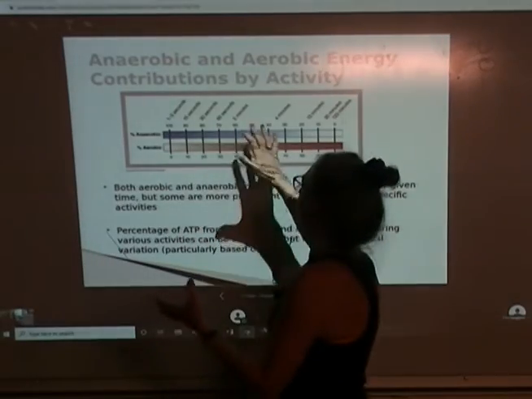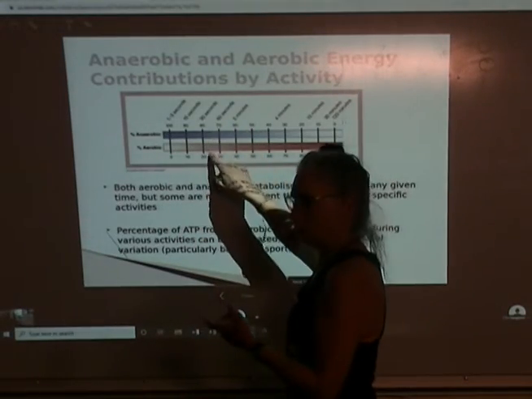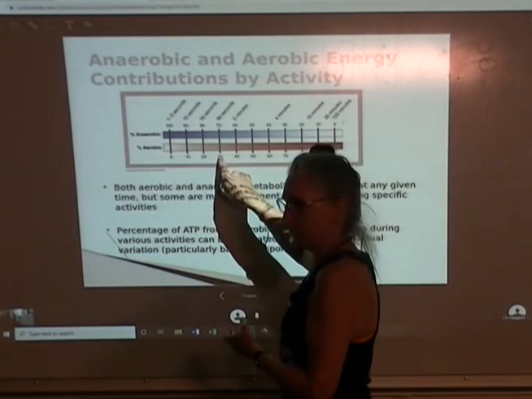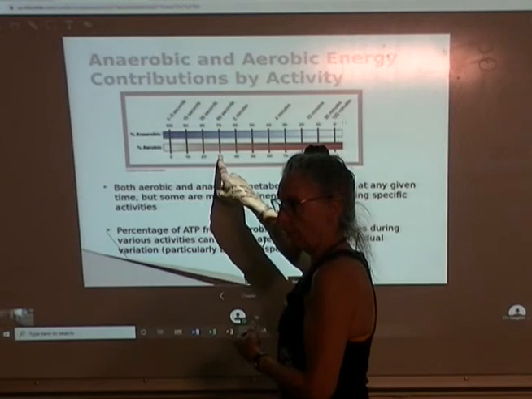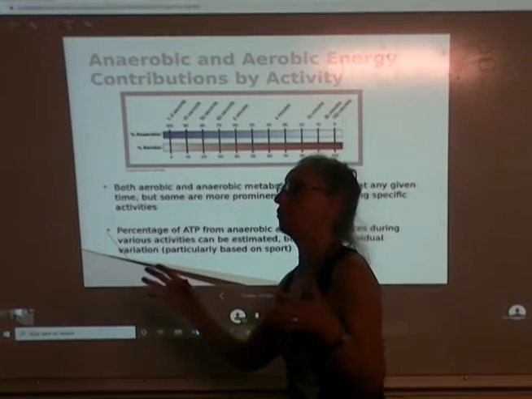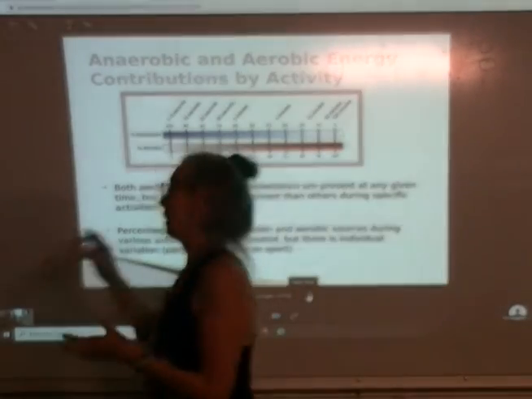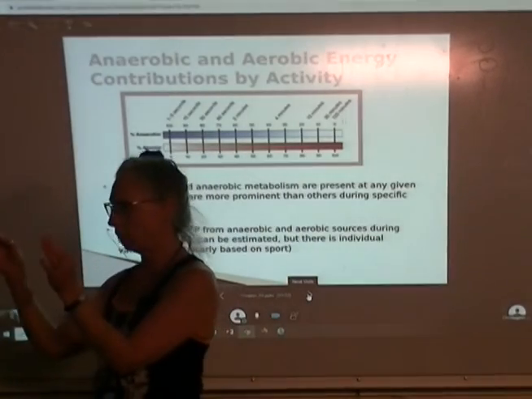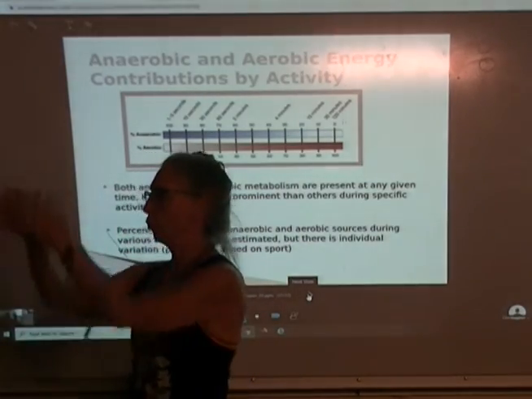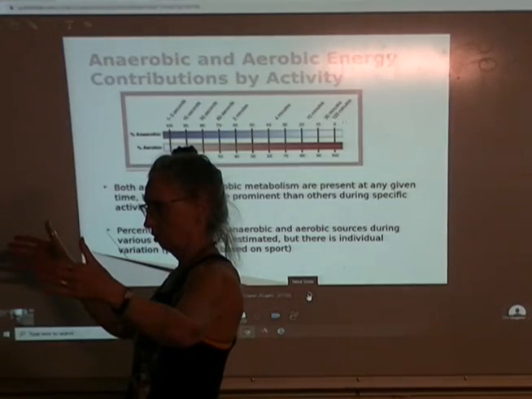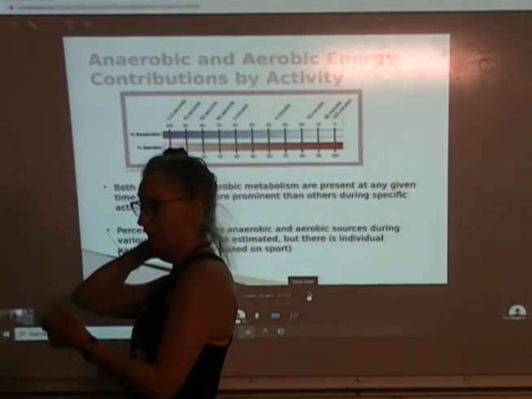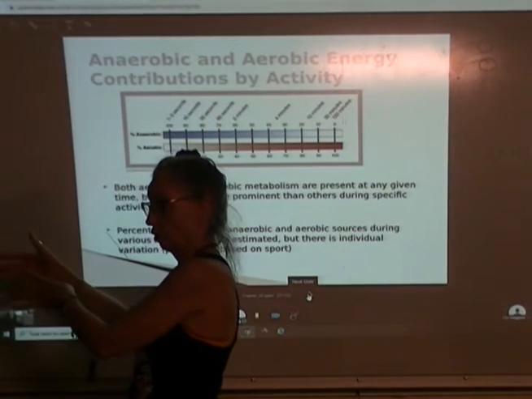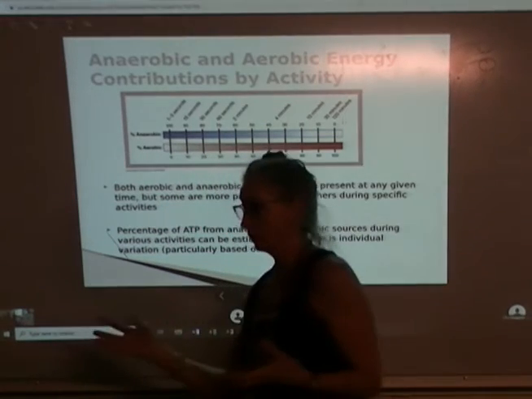So you might have someone at this 1 minute mark who is 80% anaerobic and only 20% aerobic, right? So part of the trick, especially if you're a strength and conditioning coach, is to pick out those individual differences so you can tweak the training program to suit that individual, not the average, right? Because if I play to the average, the performance I'm going to get is average. Okay?